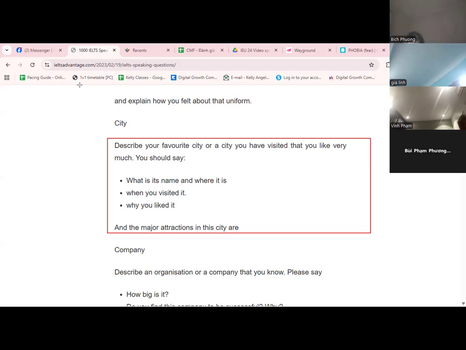What immediately captivated me about Dalat was its cool, refreshing weather and the misty pine forest that creates a romantic atmosphere.